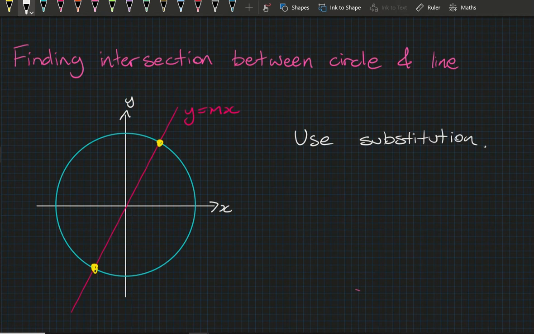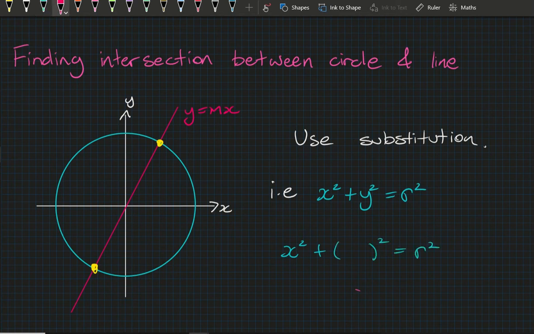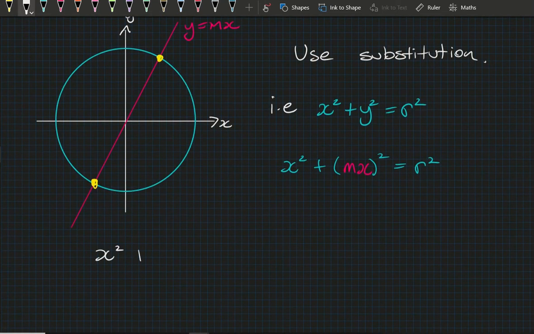In other words, if a circle is described as x squared plus y squared equals r squared, then because that line says y is equal to mx, I'm going to rewrite that, putting mx in for y. So the equation is now x squared plus m squared times x squared equals r squared. We're going to now solve for x.